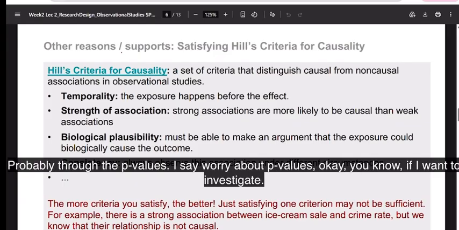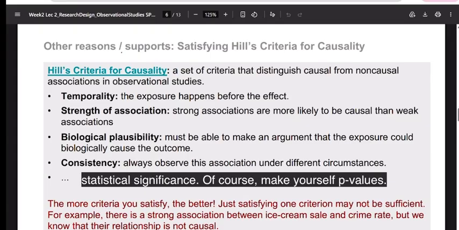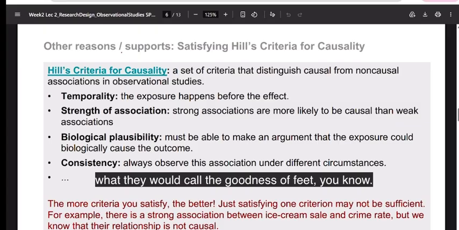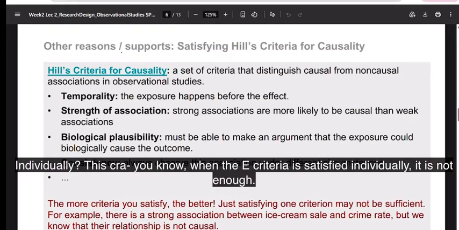Has everybody heard about p-values? If I want to investigate statistical significance, of course, I make use of p-values. So the strength of association actually matters, or maybe you want to talk about R squared values, which we call the goodness of fit, and so on. But let me tell you this: when each criterion is satisfied individually, it is not enough.